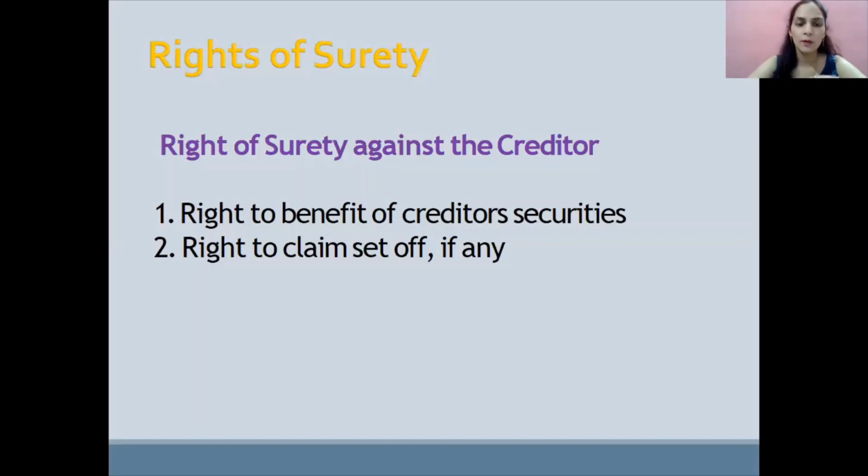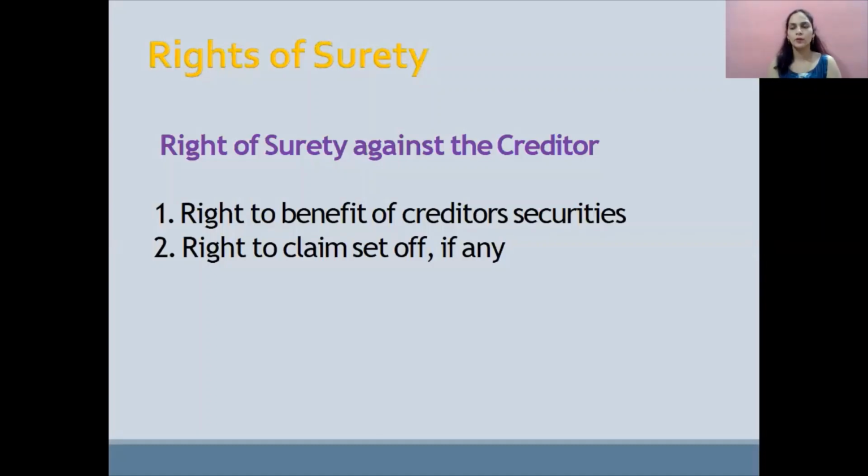So the loan amount which A will now be paying would be 1 lakh minus 10,000, that is 90,000. So if Mr. A, that is the debtor, is paying 90,000, similarly Mr. X, who is the surety, will also pay 90,000 only.